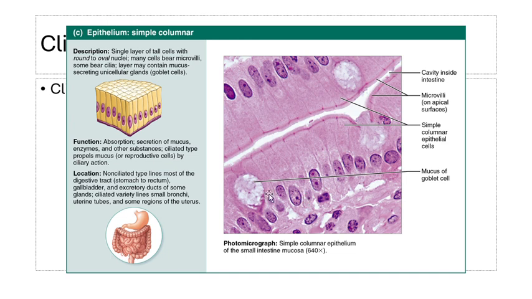This cell is one layer and elongated, so it is called simple columnar. And at the apical or apex of this cell, we can see some projections. These projections are like a brush border, so they are called microvilli. They have a role to increase our absorption surface.